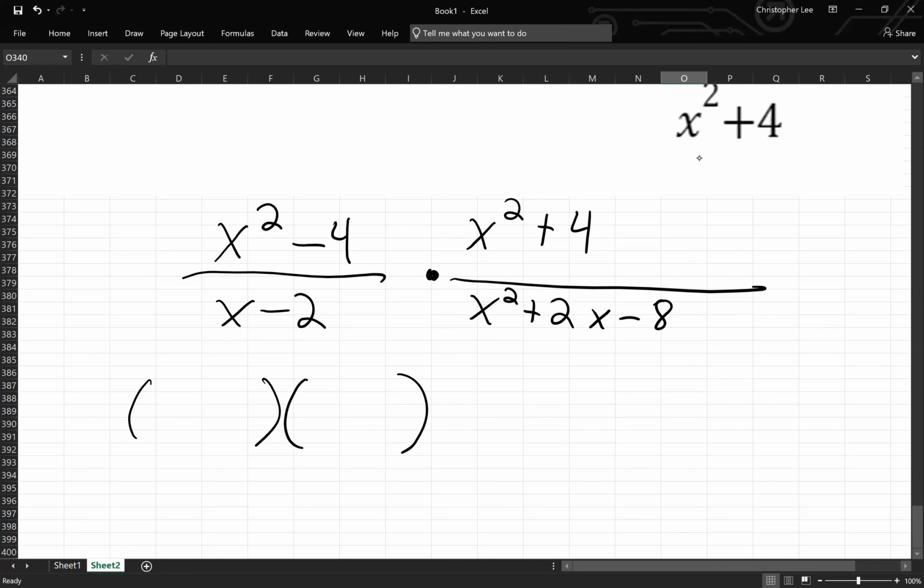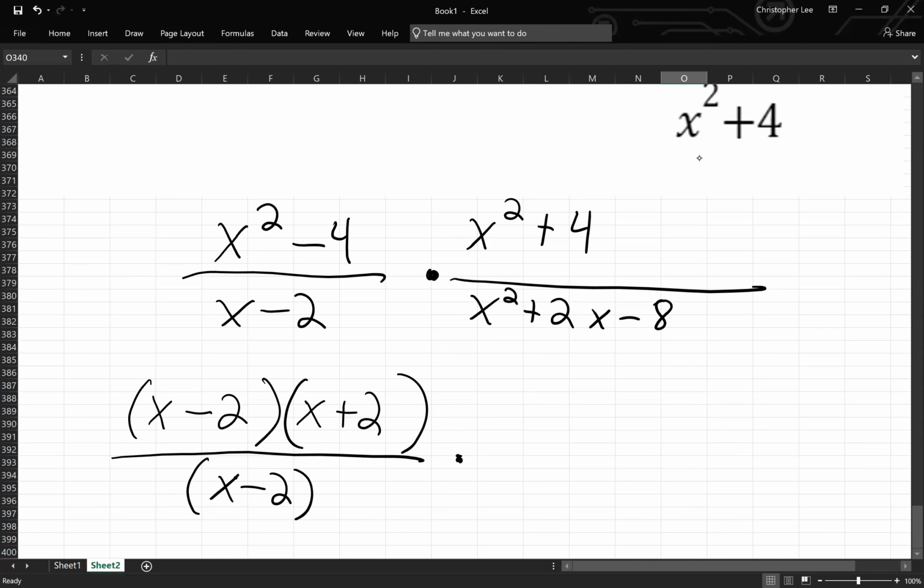X minus. No. Remember what I said, right? Whenever you have the sum of two perfect squares, you can't factor it.